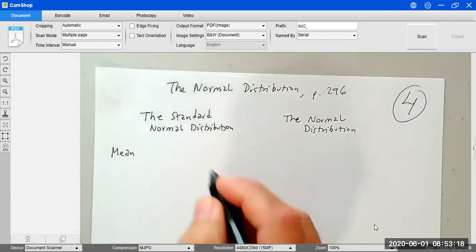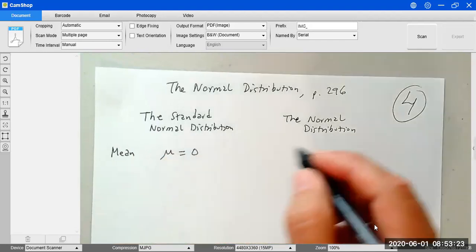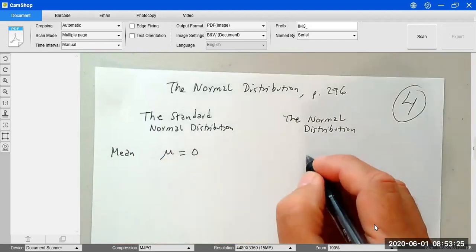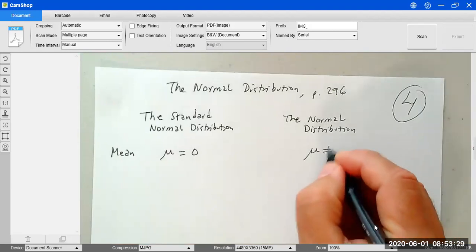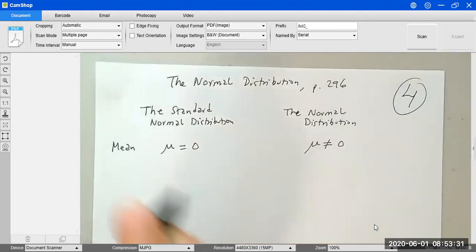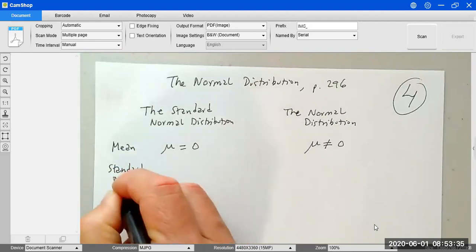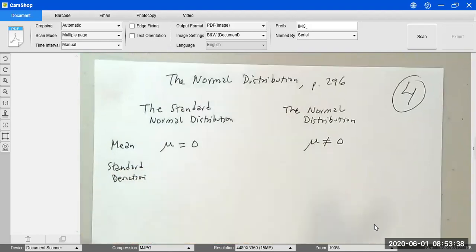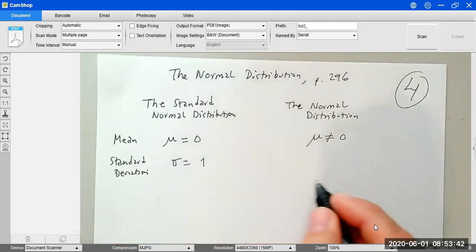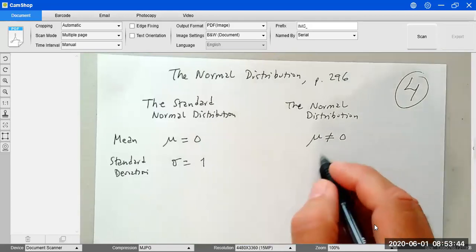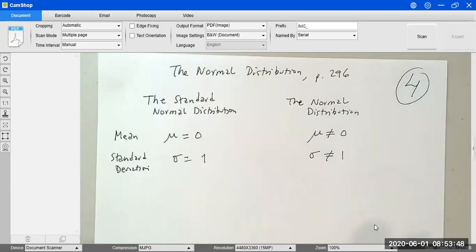For the standard normal distribution, the mean is always 0. For the normal distribution, the mean can be different than 0. The standard deviation for the standard normal distribution is going to be 1, and for the normal distribution it is going to be different than 1.